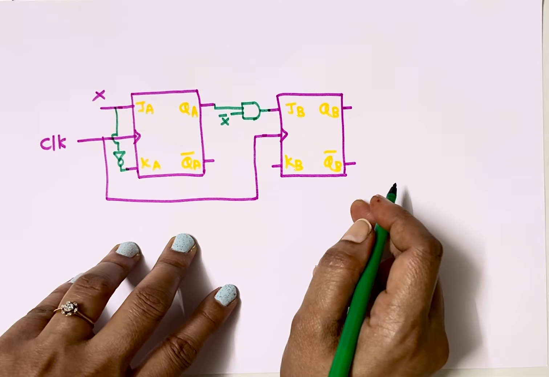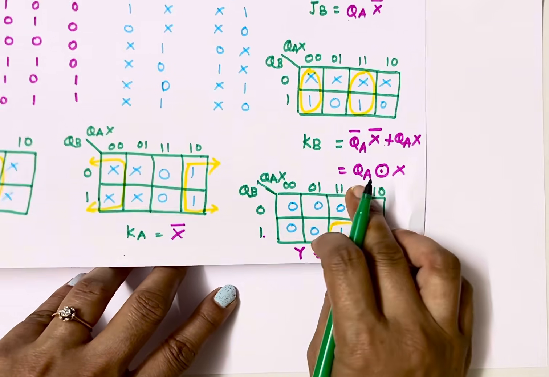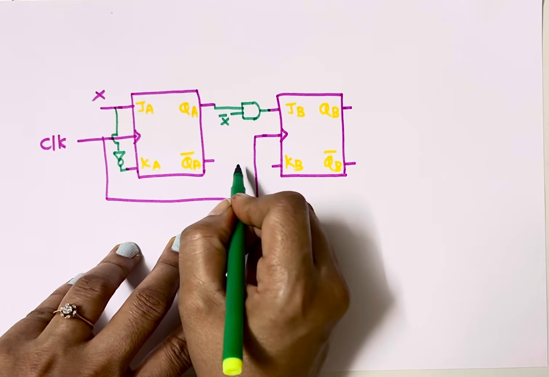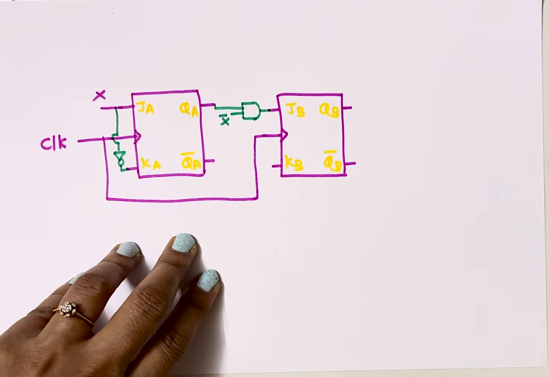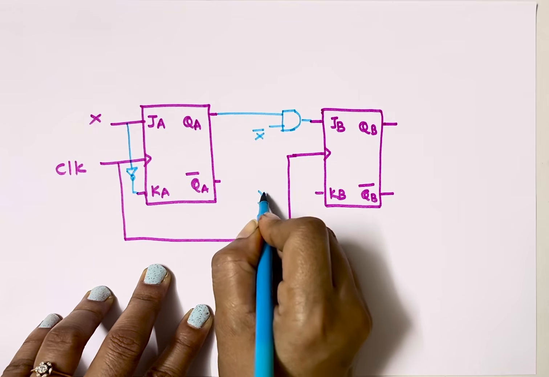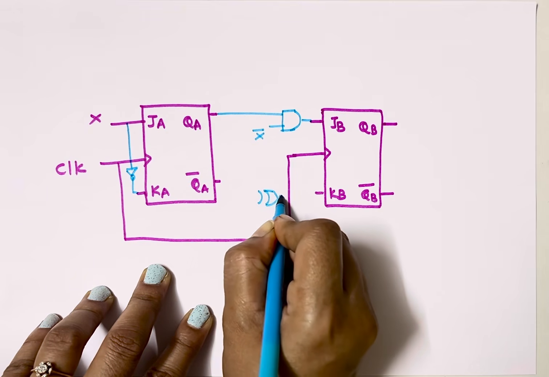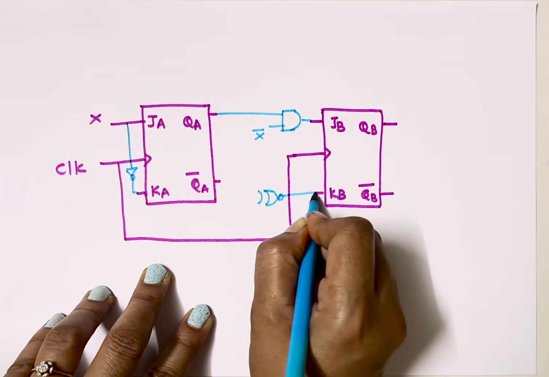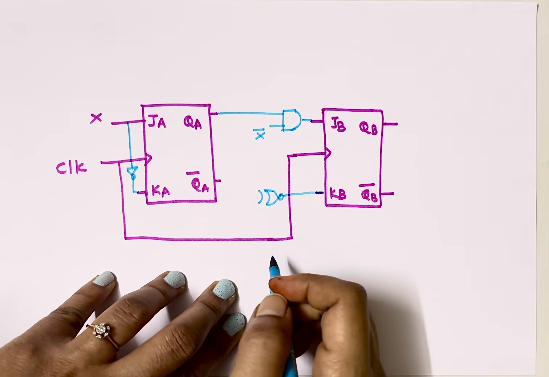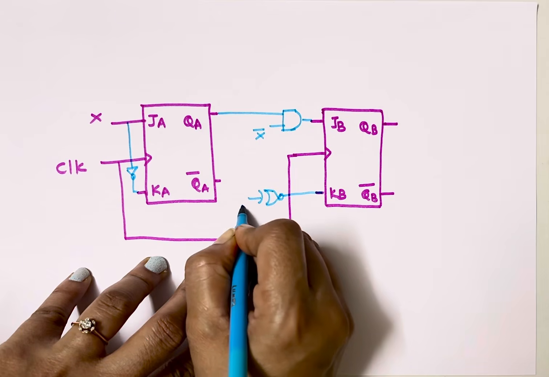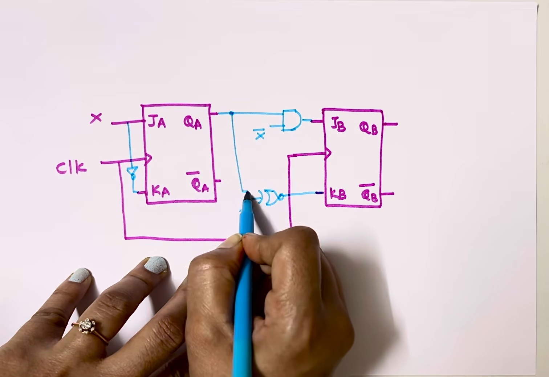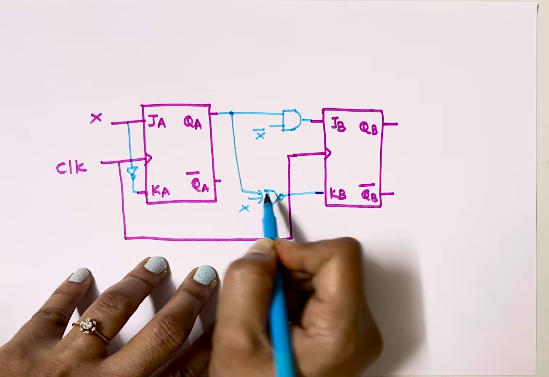For KB, it is QA XNOR X. So here I'll use an XNOR gate. For KB, we need to take one XNOR gate, and the inputs to the XNOR are QA and X. So here one input is X, another input is QA.